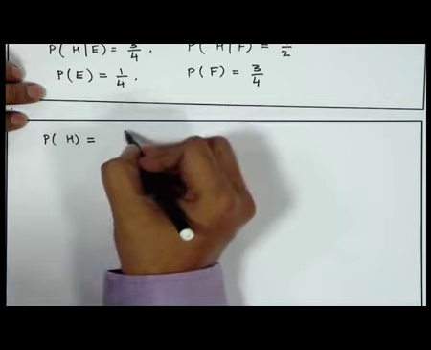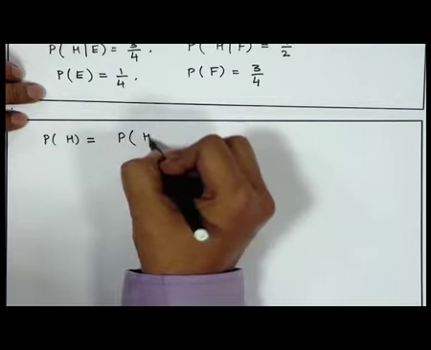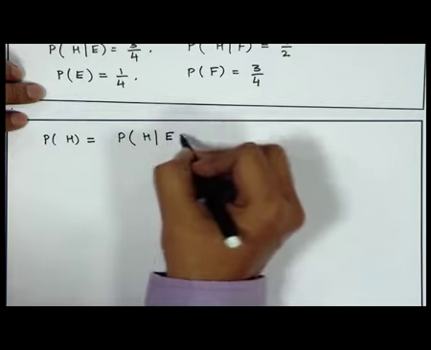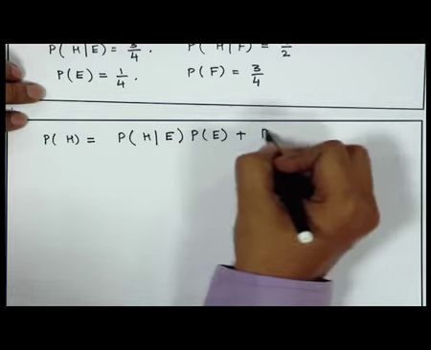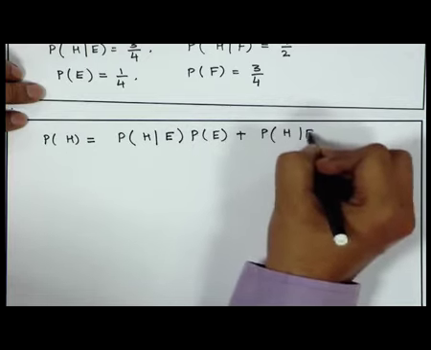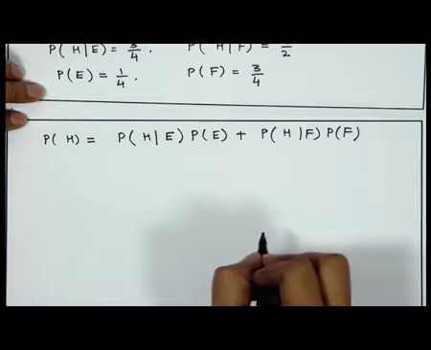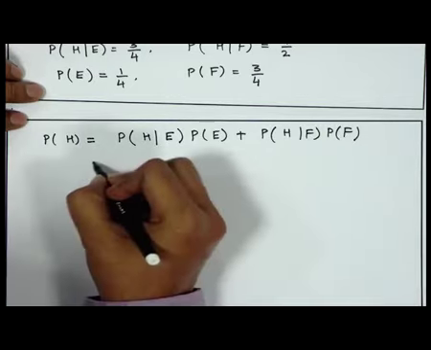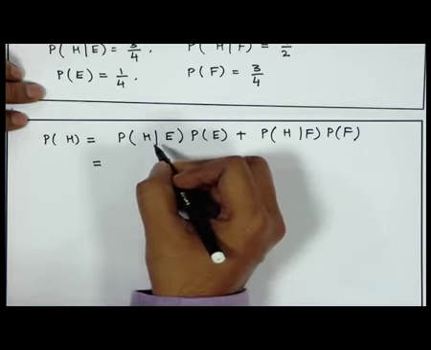So, the probability of H is, now if we apply the theorem of total probability, then it is H given E into probability of E plus probability of H given F into probability of F. All the terms which are given in this equation are available to us.